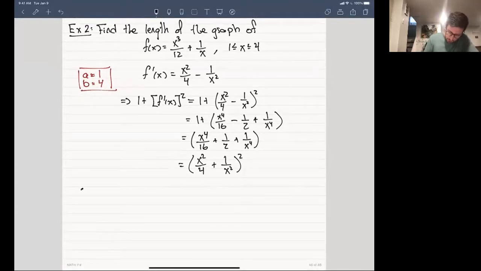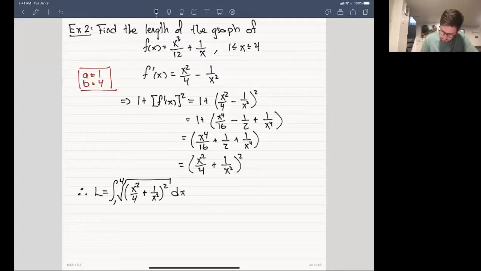So therefore, the length of the curve L is now given by the integral from 1 to 4 of, in our case, this is 1 plus the derivative squared. Let me just skip that step, and let's actually write it out. x squared over 4 plus 1/x squared, squared, all under the square root.